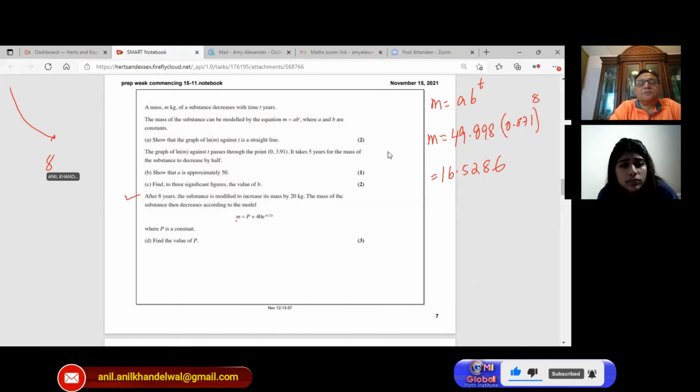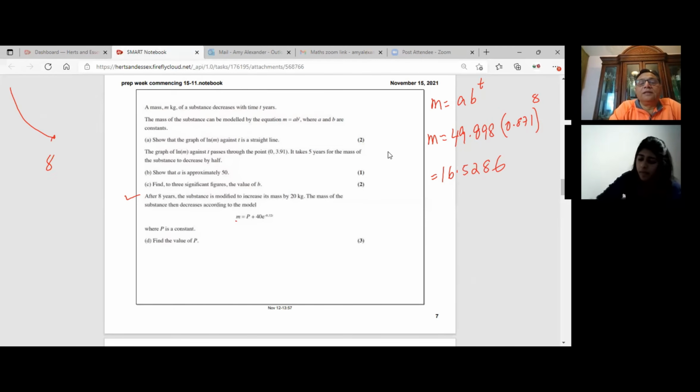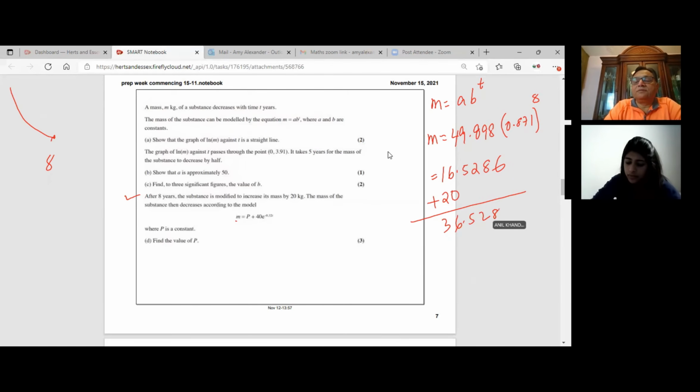It says after 8 years, the substance is modified to increase its mass by 20 kg. So after 8 years, we added 20 kg to this. So it becomes 36.5286, correct? The mass of the substance then decreases by this formula, right? So now we can find the value of P. That becomes the initial mass.